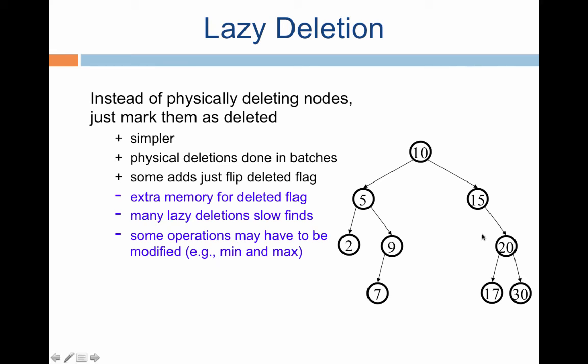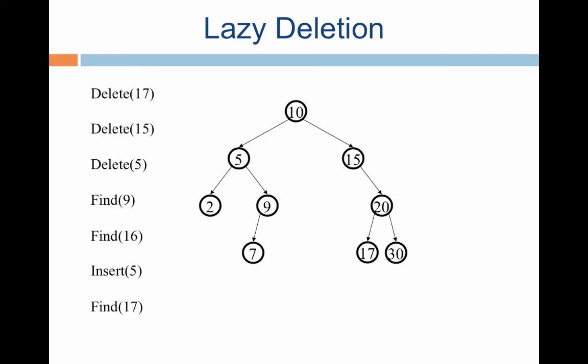So if you have a binary search tree in which some nodes are marked with delete flags, and you want to know what the minimum is, you have to do some extra work. For example, if you want to know the minimum in the binary search tree with 2 having a delete flag, then observe that 5 is the correct value, and you will have to modify your min and max functions to be able to get the correct answer. So these are the challenges of deletion.